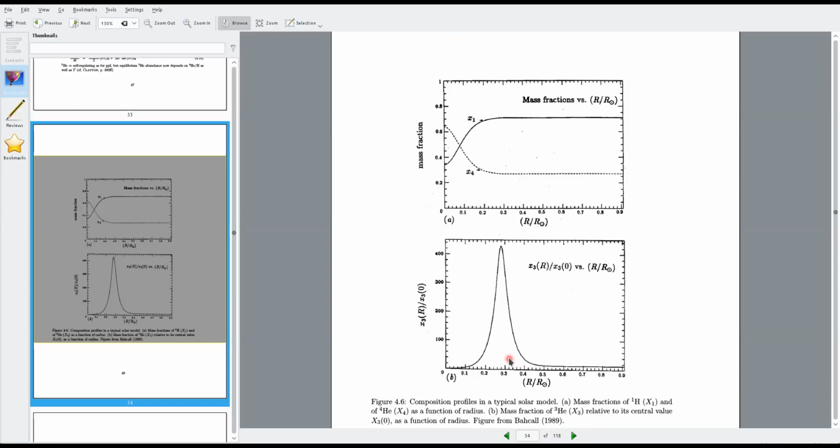So you are accumulating the helium-3 instead of helium-4 at the beginning. You see here the accumulation, and in here, a complete depletion of the quantity of helium-3.